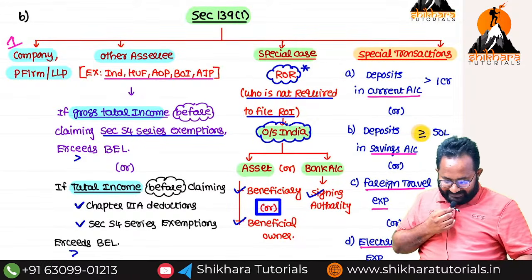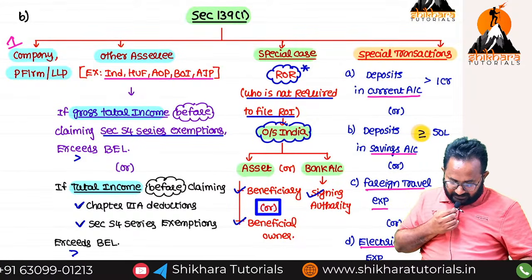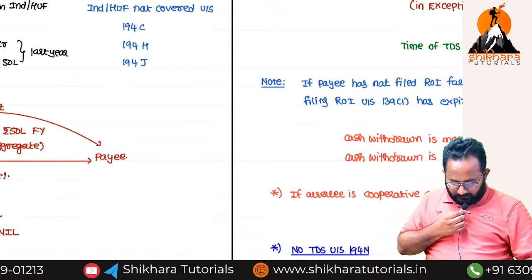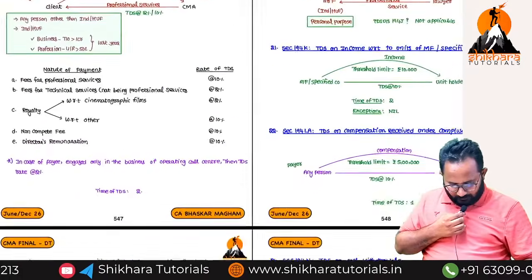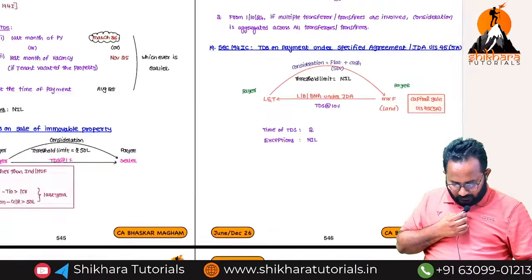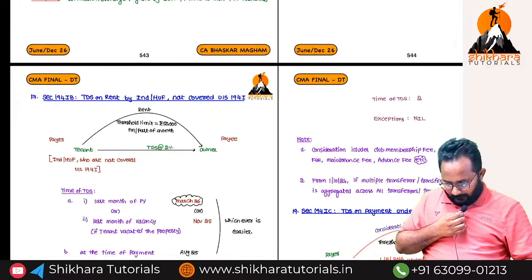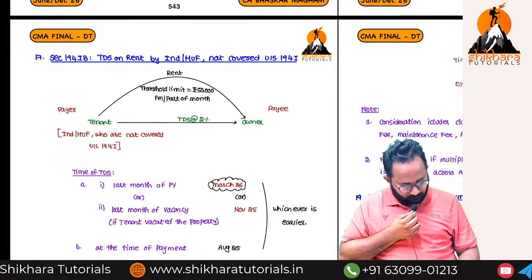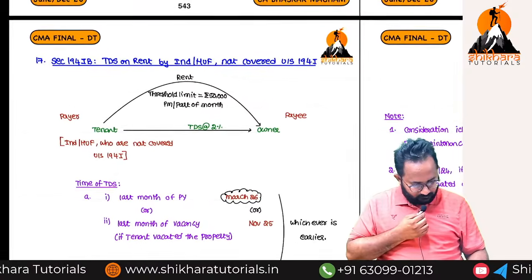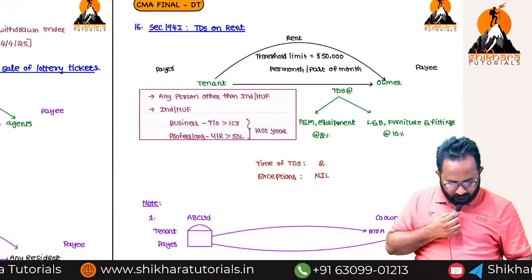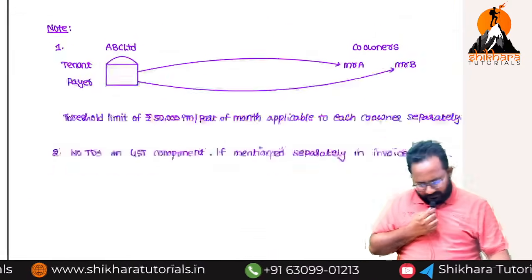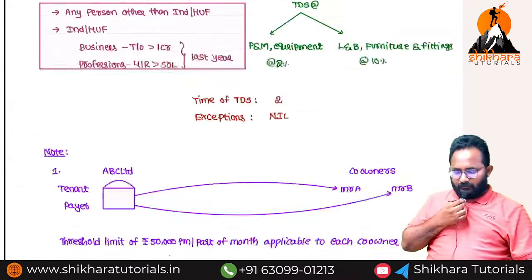Please open the TDS and TCS chapter. I think you will get that chapter at the end. I will tell you the page number, generally pages 544 and 545.